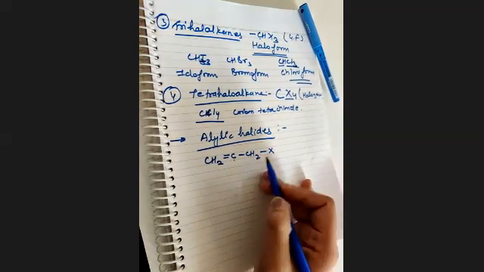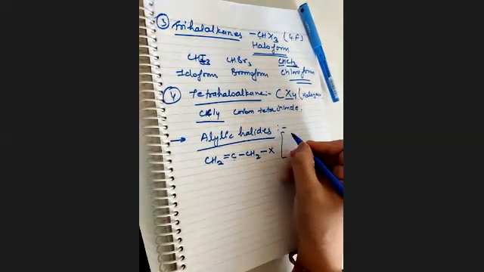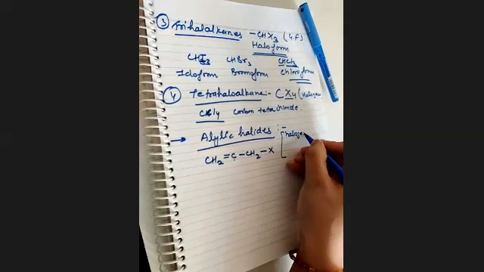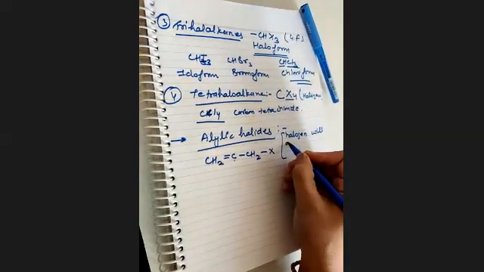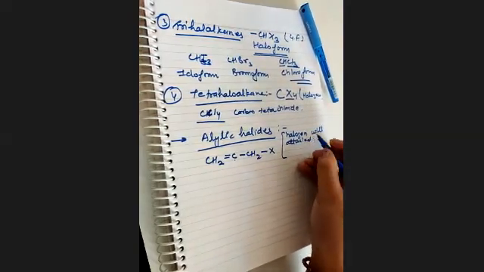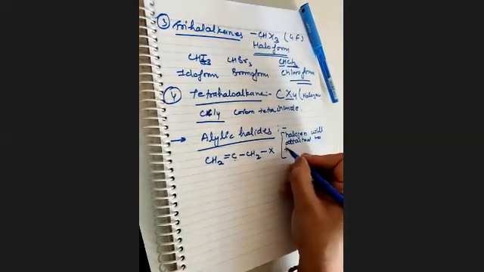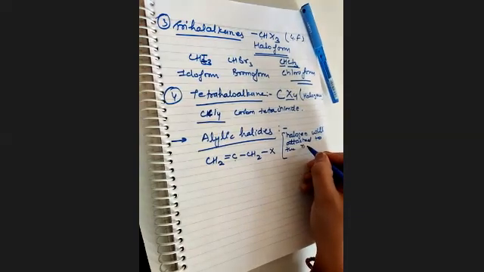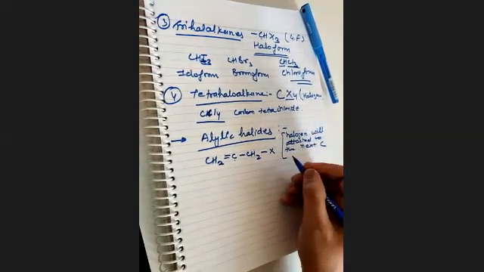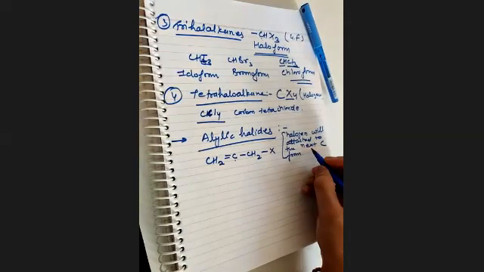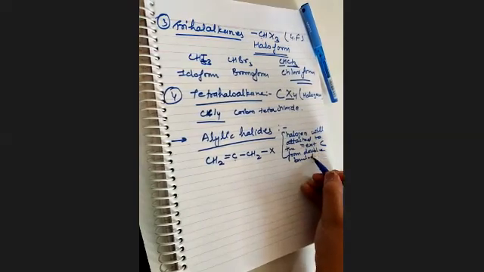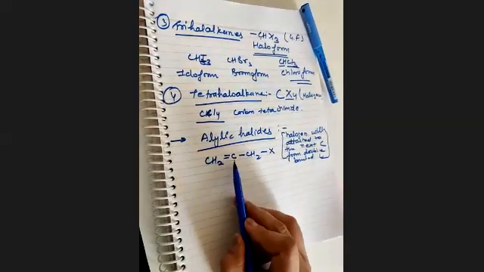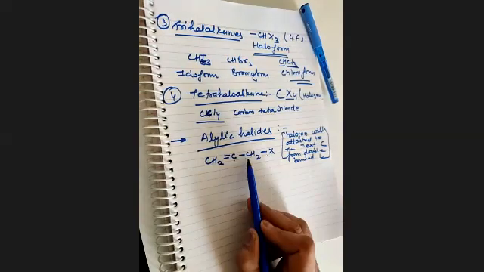This is the carbon with which the double bond is there, and your halogen is attached to the next carbon. So the main condition is that the halogen will be attached to the carbon adjacent to the double bonded carbon.